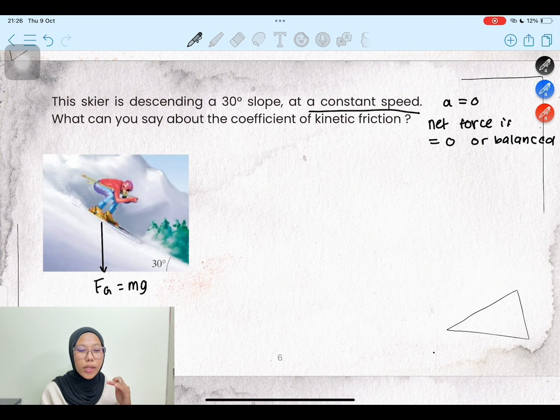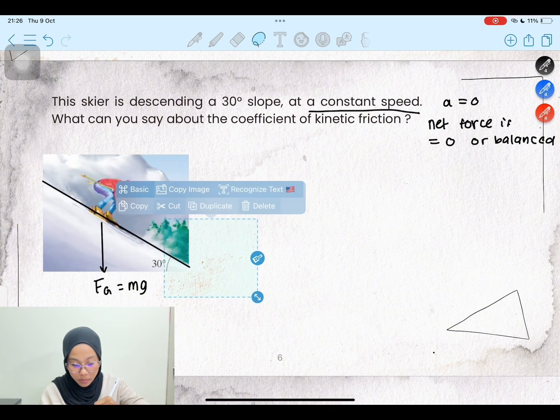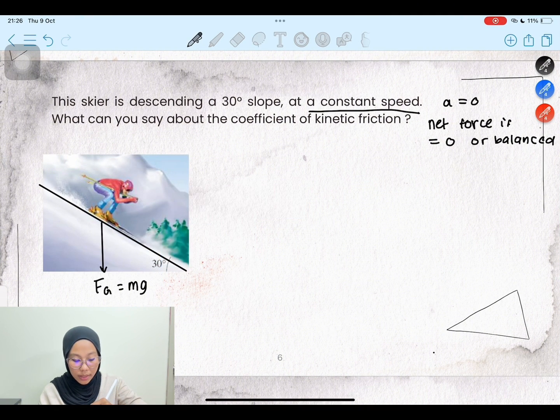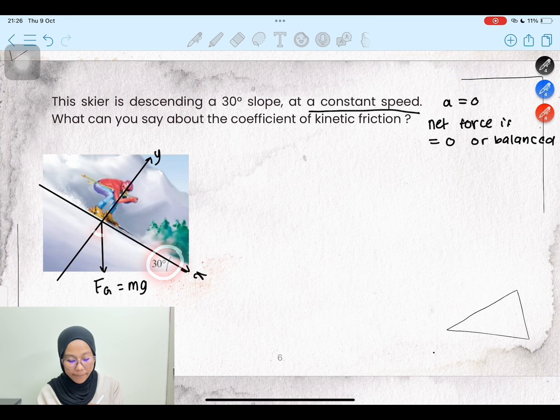For the x component, the x-axis is always inclined along the slope, so this one is x. The y-axis is always perpendicular to the x-axis, so here is y. The angle here is the same as the angle here.